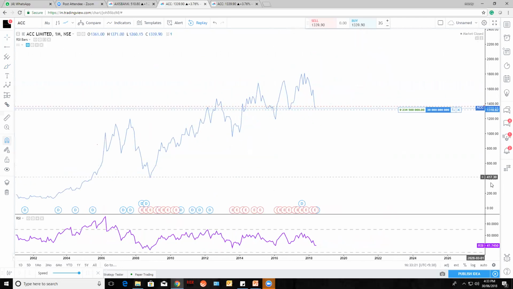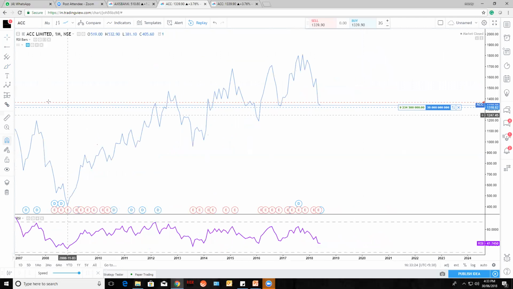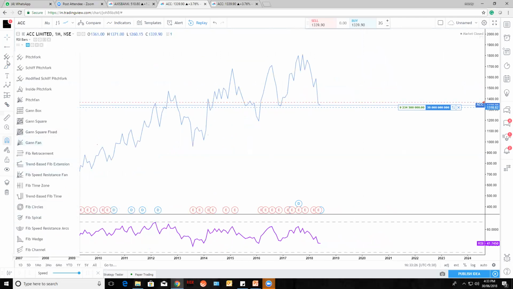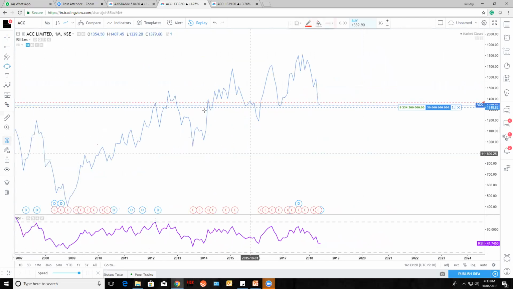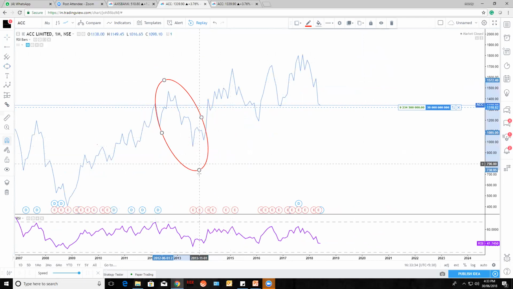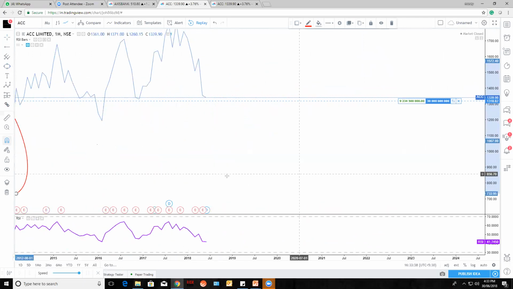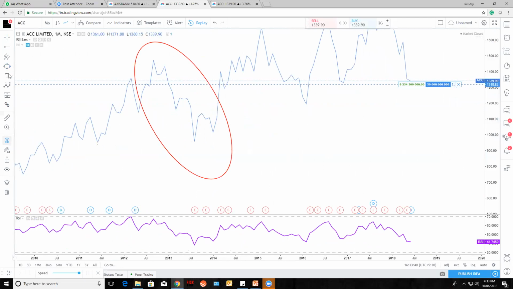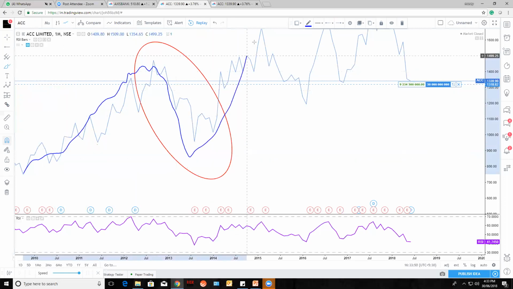Okay, if you're looking at only this smaller piece, I'll zoom it out further. See again here, this is a correction, right? It is an impulse, and this C is a correction, and this is an impulse again.